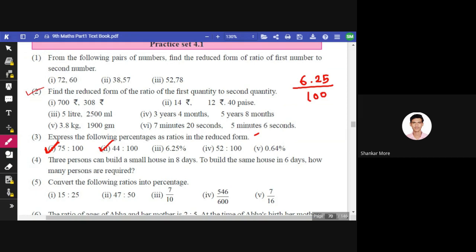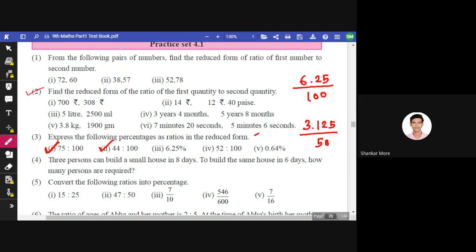We write it like this in ratio form. Now what we can do, we can divide this by 2, right? So it would be 3.125 divided by 100. Sorry, it should not be 100, it should be 50, isn't it? We are dividing by 2. So it can be further divided.